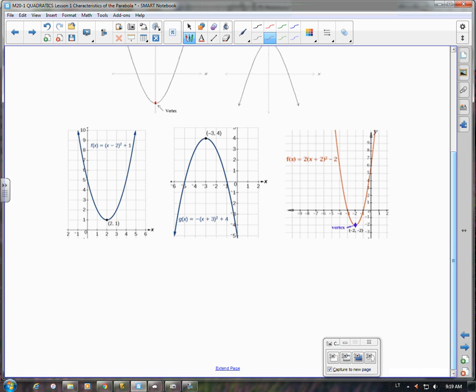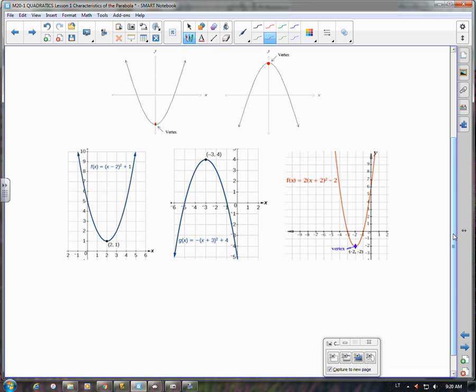And so here we've got 3 graphs we can see from the equation, x minus 2 squared plus 1. And it's in the form x minus p. So here, p is equal to 2. So you can see that 2 down at the bottom of the graph. Because it's got to be in the form x minus p, and so here, p is equal to 2. So that's why we can see that it's over where x is equal to 2.